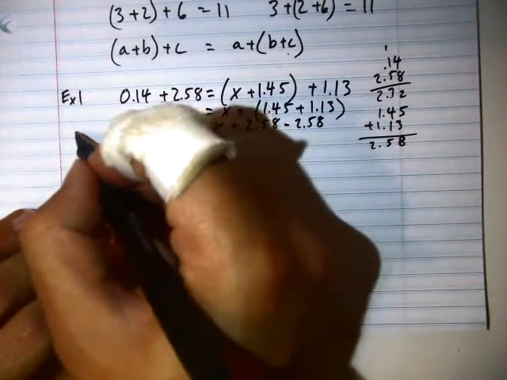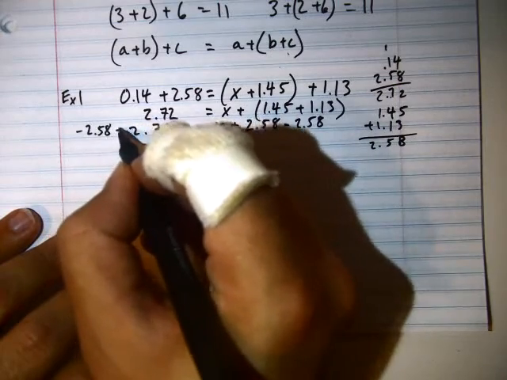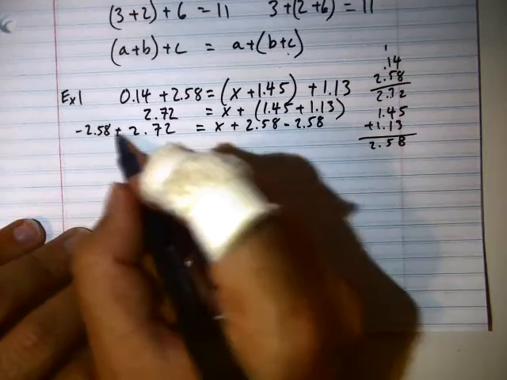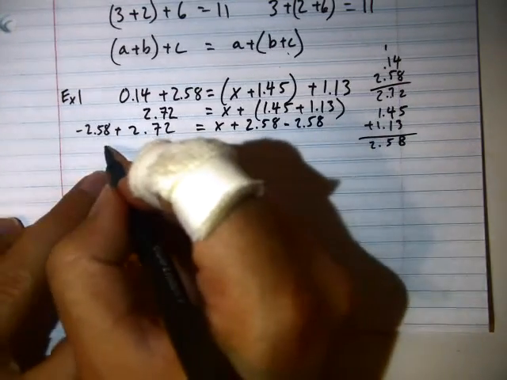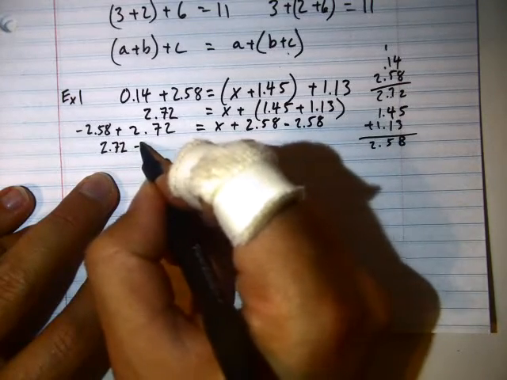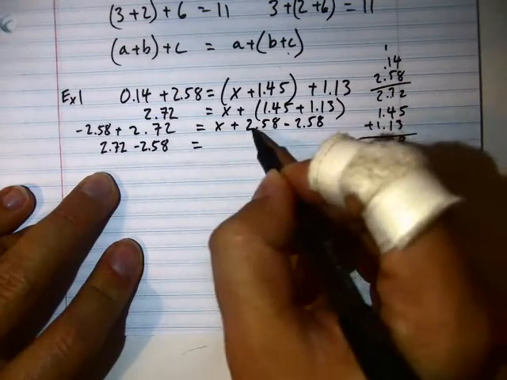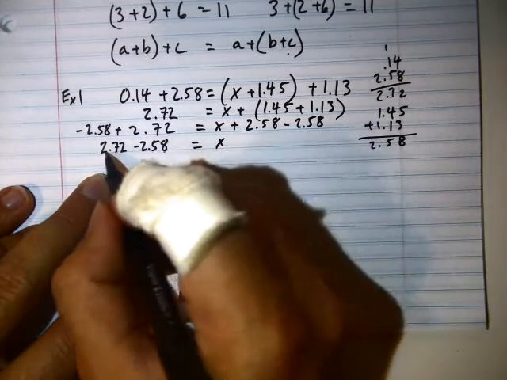So I can write a little negative 2.58 in front, so I can say 2.72 minus 2.58, because I can use my little commutative property to switch them around like this. Equals, 2.58 minus 2.58 is 0. I've got x over there.